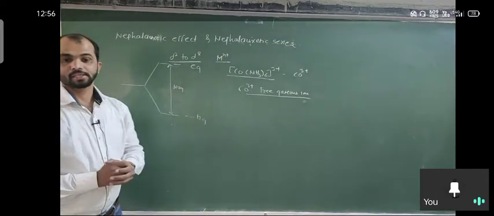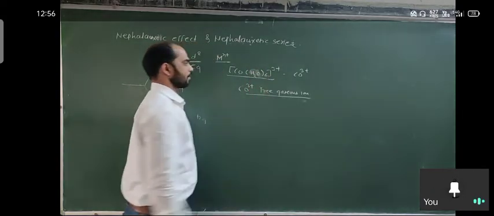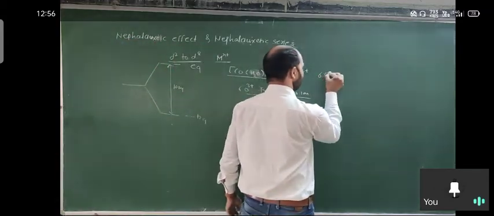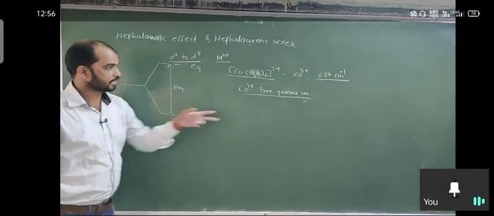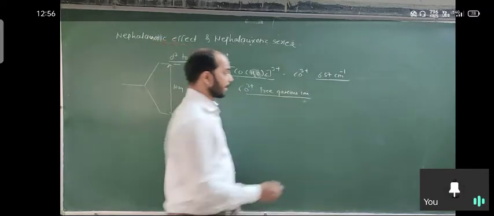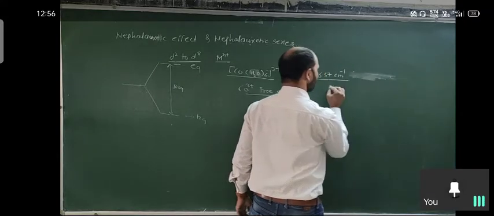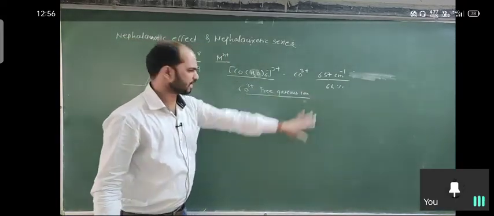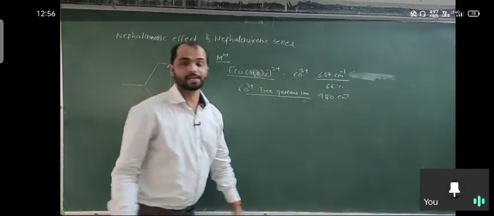The example is [Co(H2O)6]3+. This complex has an energy difference between the two energy states of 657 per centimeter, and the value is less, only 64% of the free ion state, which is near about 980 per centimeter.